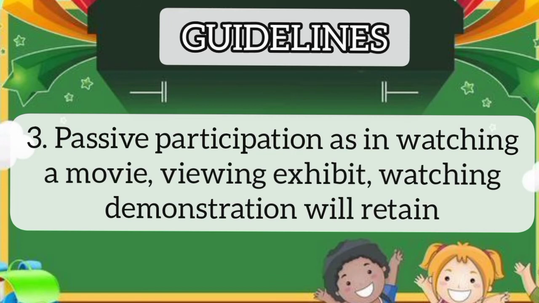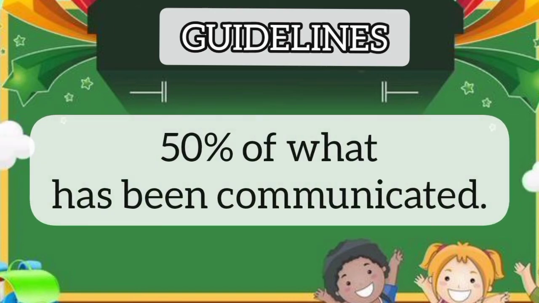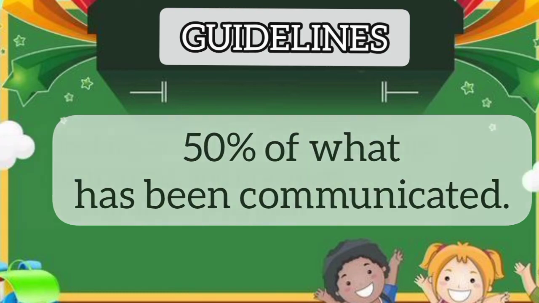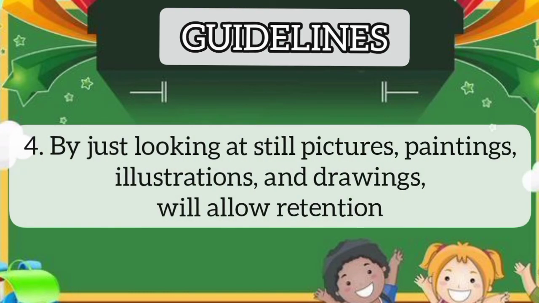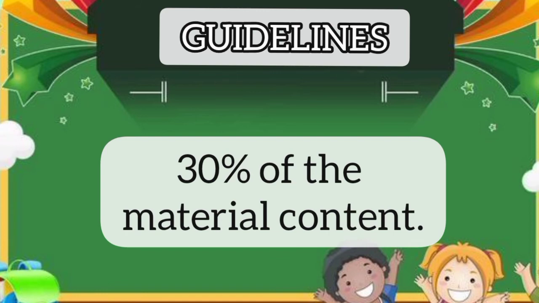The third one is passive participation, as in watching a movie, viewing an exhibit, or watching a demonstration, which will retain around 50% of what has been communicated. The fourth one, just looking at still pictures, paintings, illustrations, and drawings, will allow retention of around 30% of the material content.